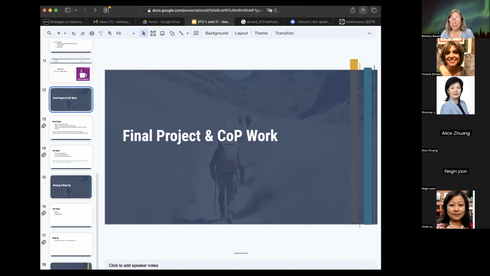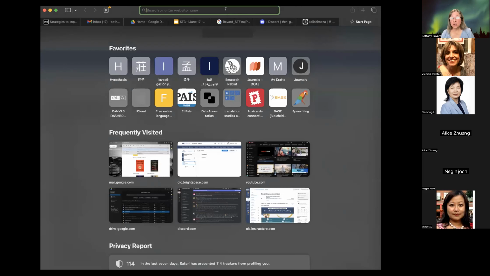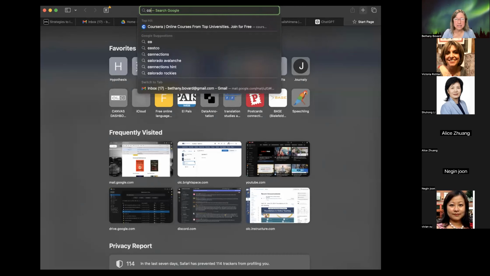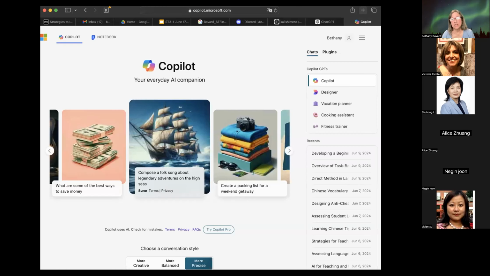I will recommend to you, as you are trying to brainstorm possible ideas for your own class, that you go to something like ChatGPT or Copilot. Copilot might be more engaging for you because there's a lot more going on.